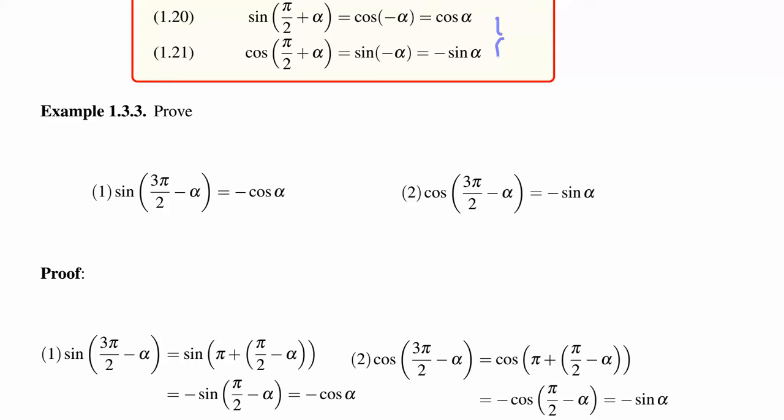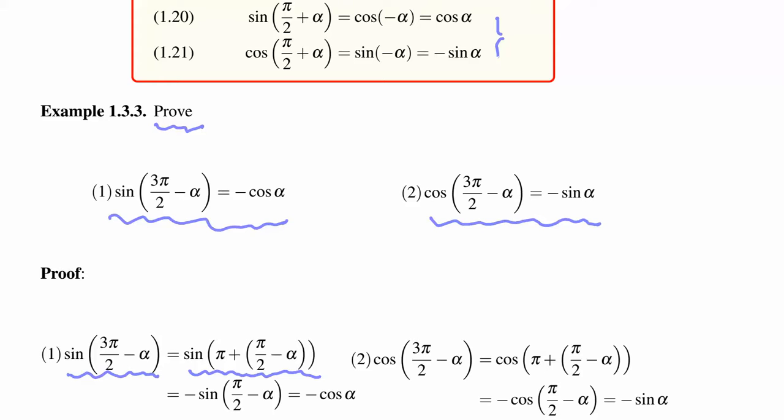This question says that we want to prove this identity is true by the given formulas, or by formulas we already know, to prove those two. We know sine 3 pi over 2 minus alpha, this one, can be written as sine of pi plus pi over 2 minus alpha.